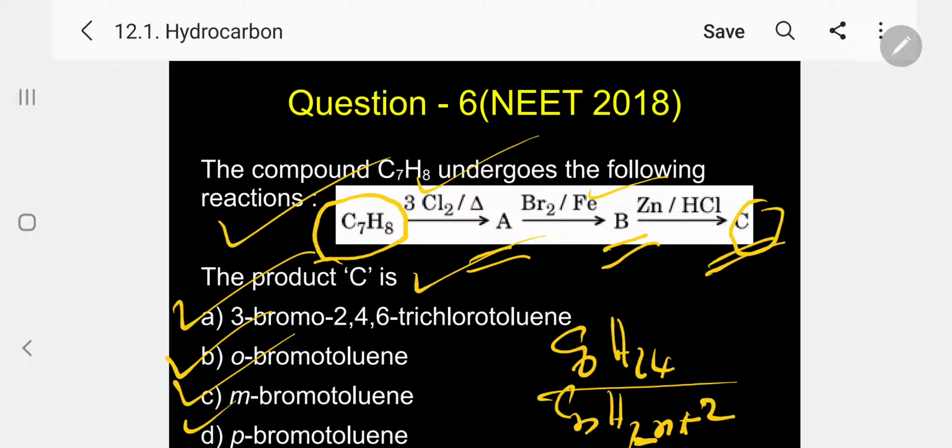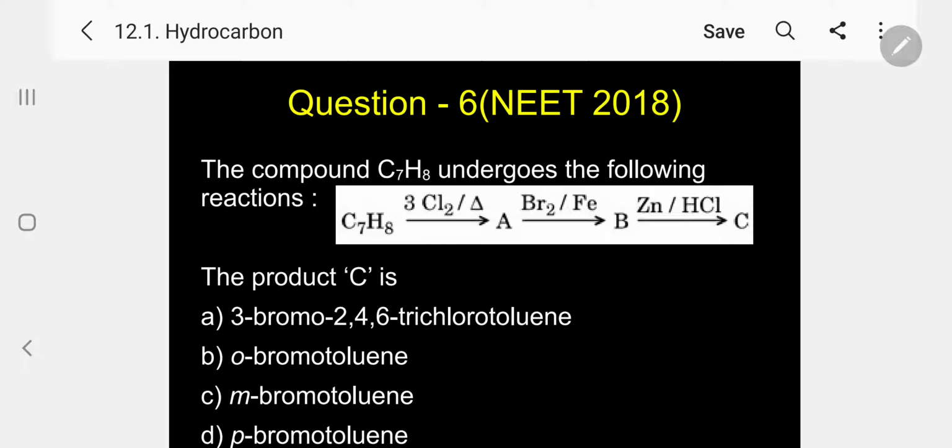That means the number of hydrogen atoms will always be much higher than carbon in an aliphatic compound. In an aromatic compound, they will be more or less the same. So the trick here is that since it is C7H8, you immediately think there is a benzene ring.